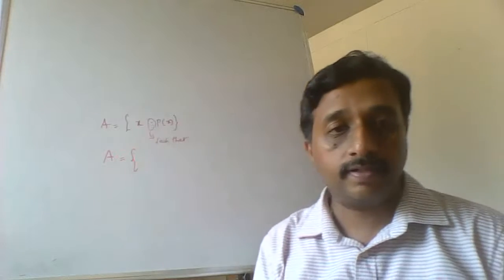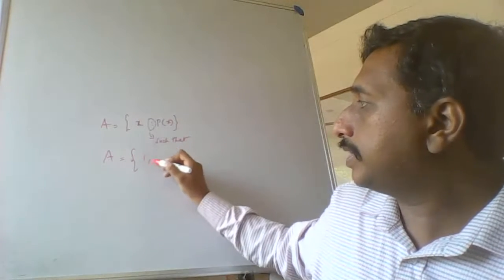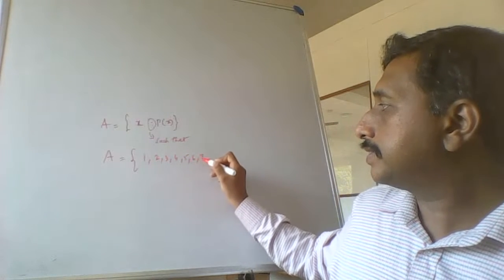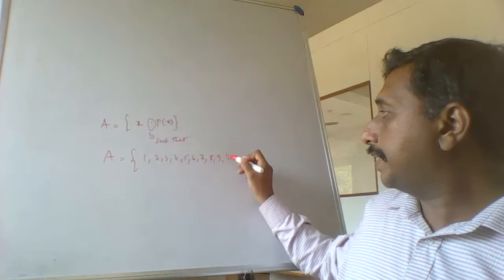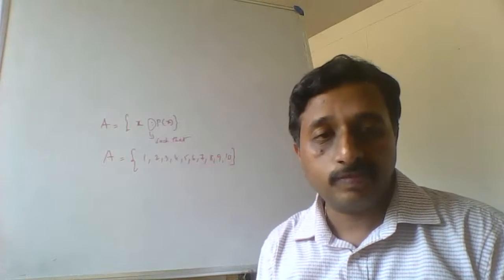For example, if I consider a set with the elements 1, 2, 3, 4, 5, 6, 7, 8, 9, and 10, these are the elements 1 to 10.